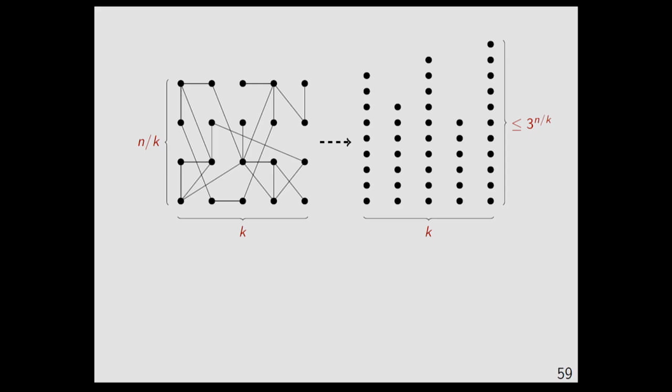I put an edge if, together, they give a valid 3-coloring for these 2 partitions. So if you look at the coloring here, blue, red, and these are valid colorings, then I put an edge between those 2 partial colorings. So that's the end of the construction.